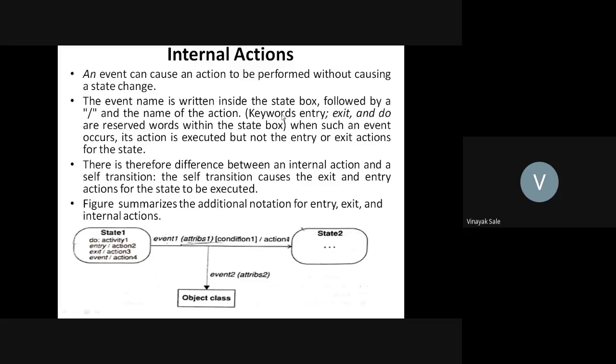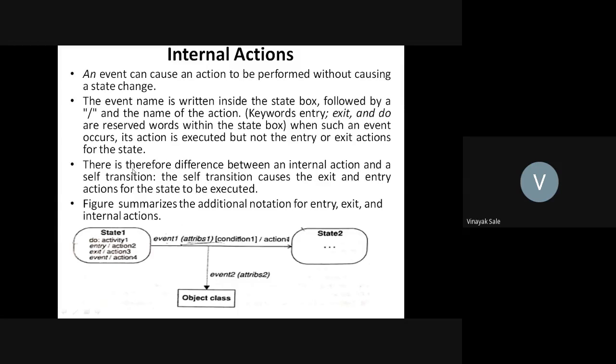So the keywords entry, exit and do are reserved keywords within the state box. When such an event occurs, its action is executed, but not the entry or exit actions for the state.